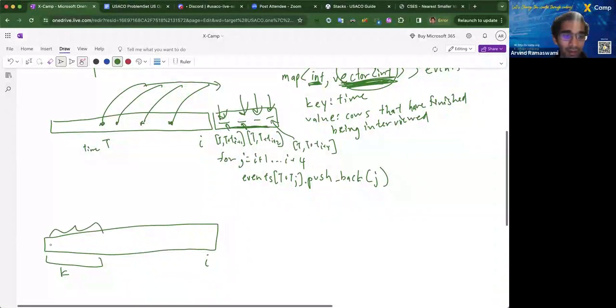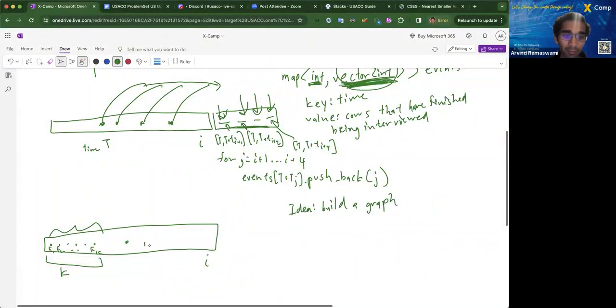At the beginning, these first K cows had farmer 1, farmer 2, up to farmer K. And we want to see, at the end of the day, whether cow n plus 1 is possible to be interviewed by farmer i for each i, right? So we can try to build a graph. If there's a path from farmer 1 to n plus 1, then that means we can interview that farmer, right? So the idea is to build a graph.